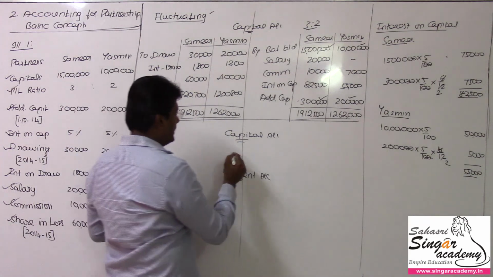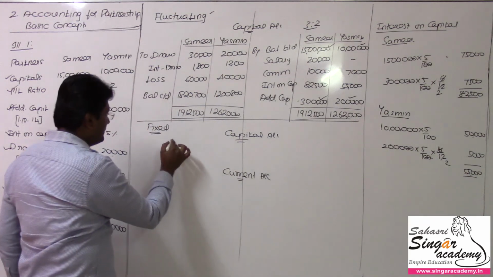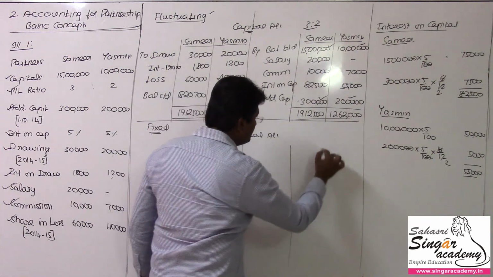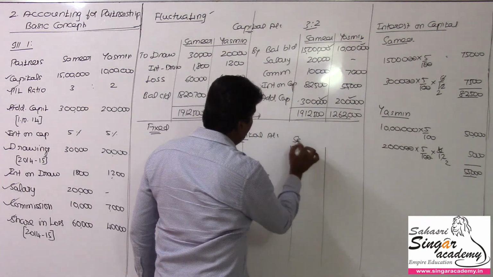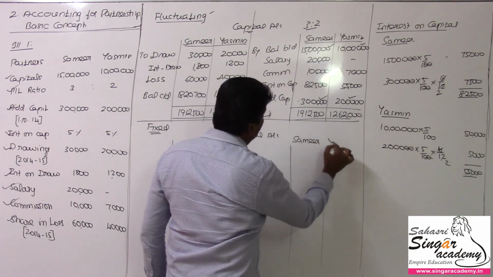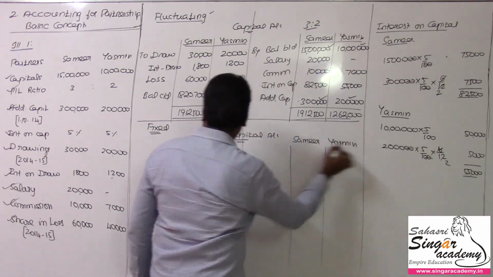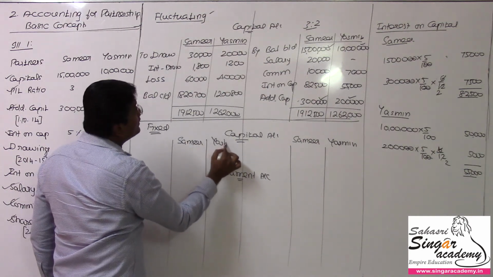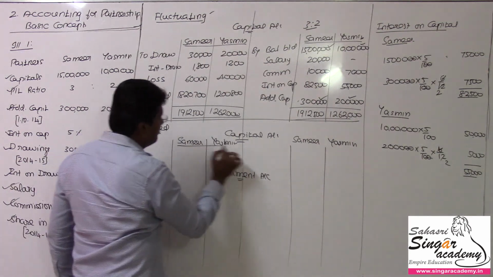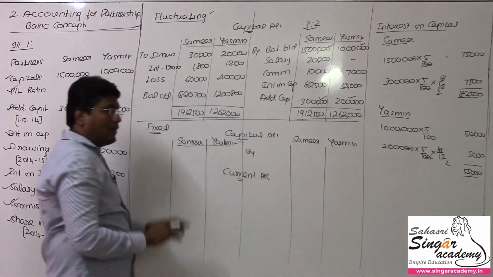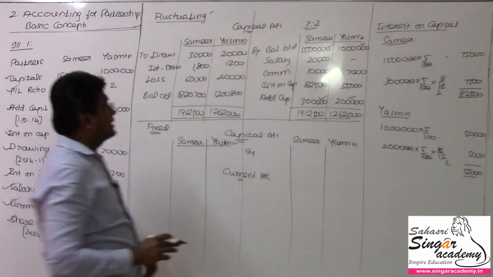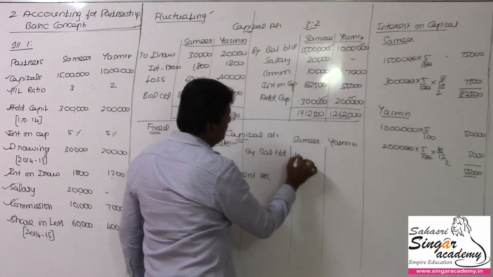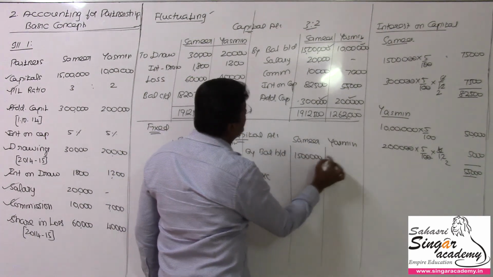So here, two columns for Samir and Yasmin. By balance, I am not going to rework it, I am just going to break this one, that's all. So balance brought down, value being 15 lakhs and 10 lakhs.